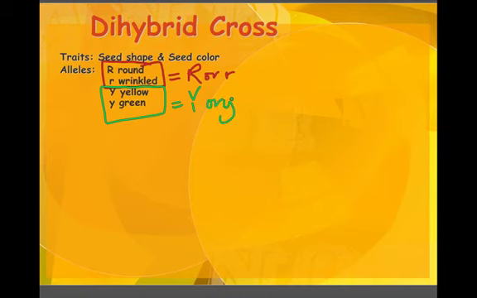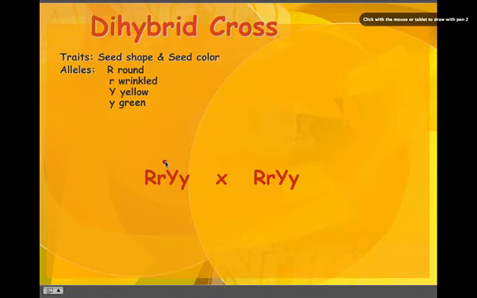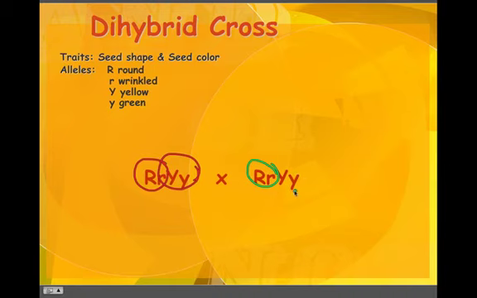You're using two different letters because each trait, seed color and seed shape, has its own letter assigned to it. So what we're going to cross is heterozygous for round, heterozygous for yellow, times heterozygous for round, heterozygous for yellow.